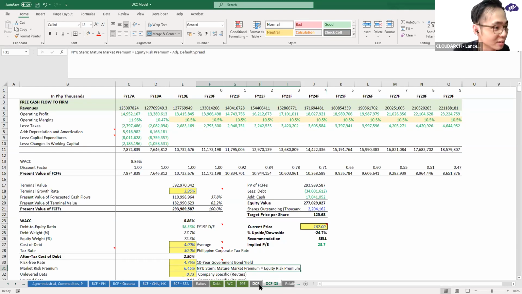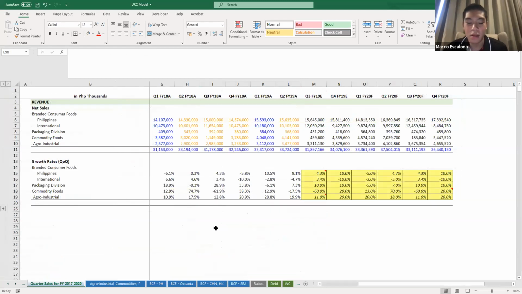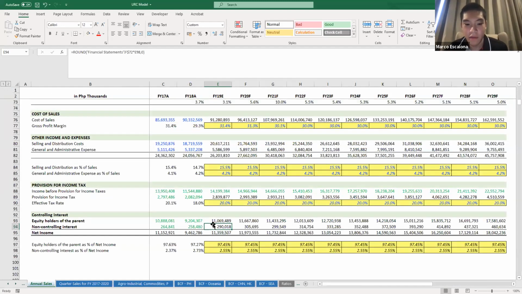Any other question? Okay, Marco. I was just curious because I saw in one of the tabs a percentage of net income to non-controlling interests. How do you take NCIs into consideration? Do you just subtract the NCI balance from the enterprise value when you use DCF?